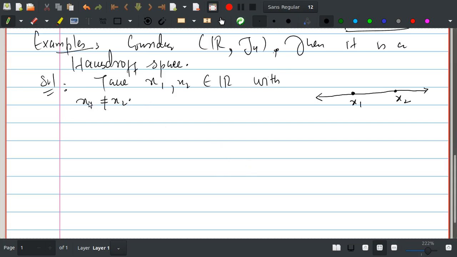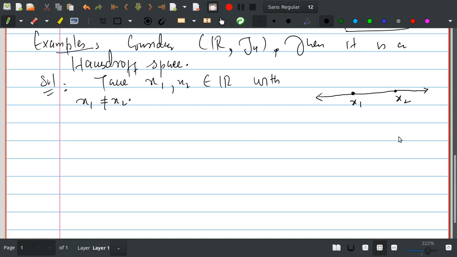Now x1 and x2 being distinct, we can talk about the distance between x1 and x2, because we have R equipped with the usual topology.